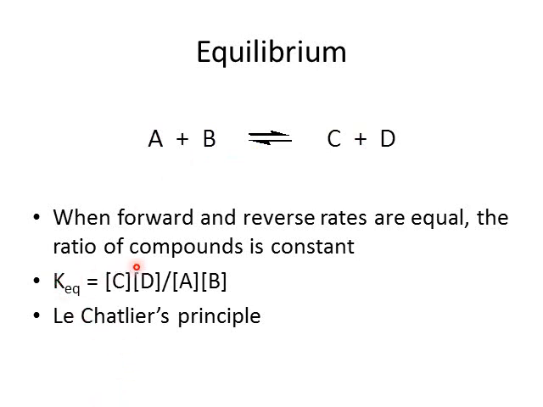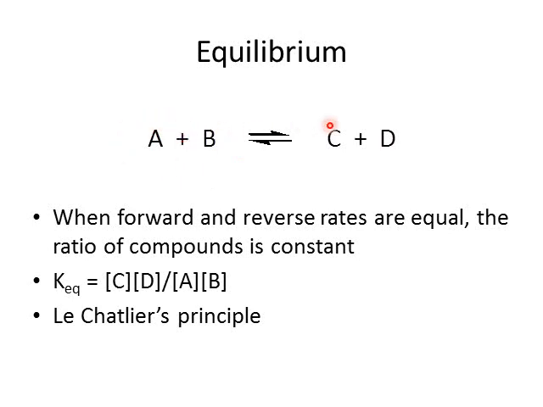So I guess I could have put another equation here to say that delta G equals negative RT times the log of the equilibrium constant. Again, I don't want to belabor these things mathematically, but just know that there is a relationship where if the things on the right are more stable, at equilibrium there will be more of those. If the things on the left are lower energy, more stable, at equilibrium there will be more of those.